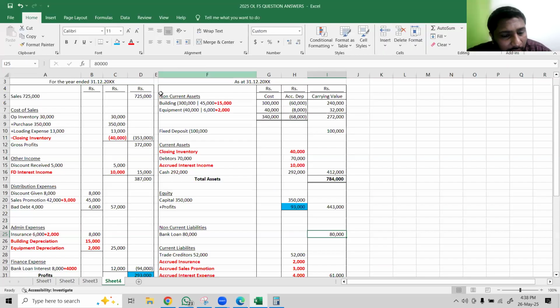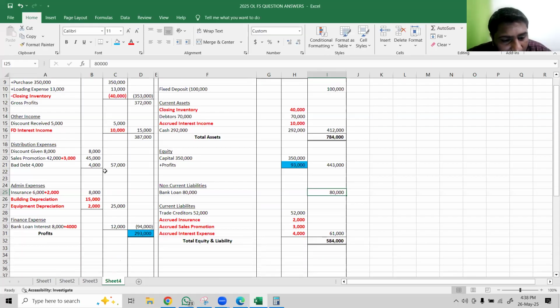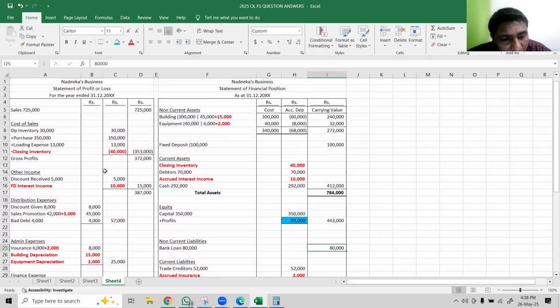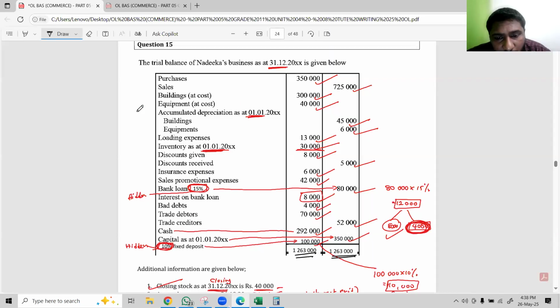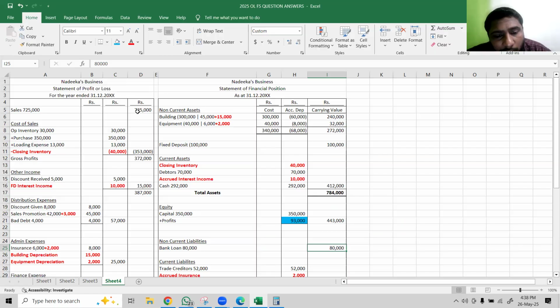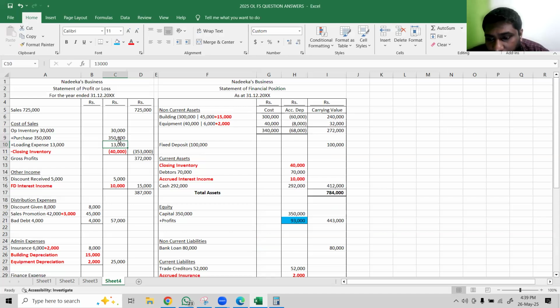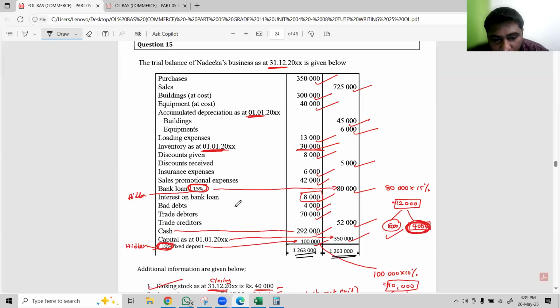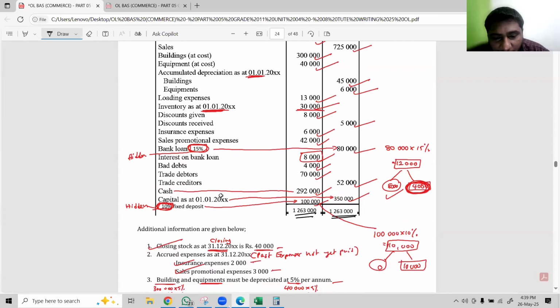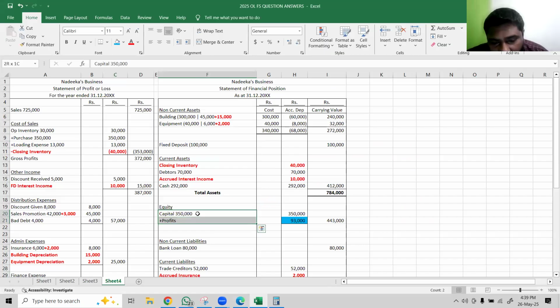So if we record all the transaction values properly, we put extra 10 somewhere. Sales 725, opening inventory 30, purchases 350. Yeah, capital is opening balance. That's not a problem. For the opening capital, we added the profits and we took the closing capital.